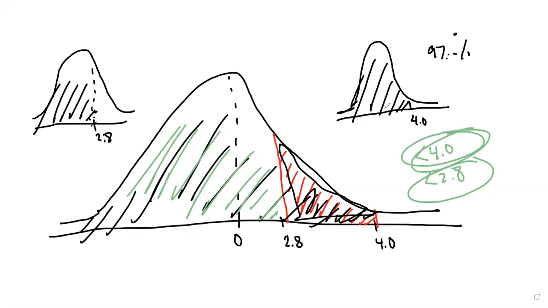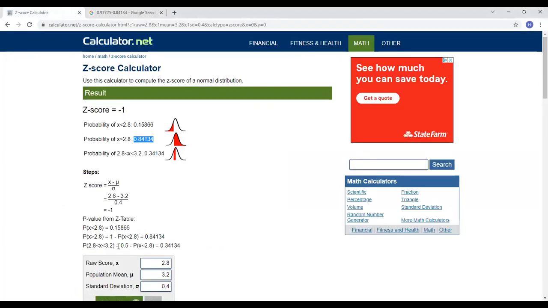So if I go back to my website again, which is this one here, I need to pick this area instead.